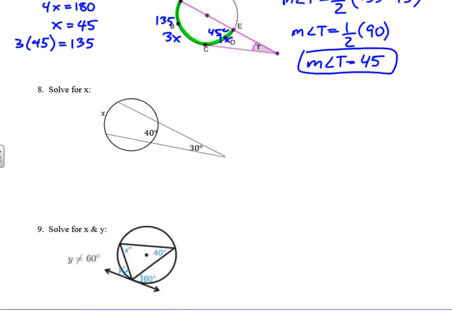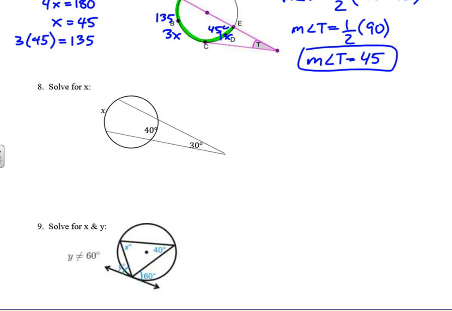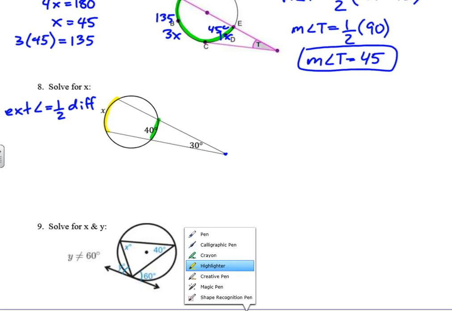Okay, solve for x. Now, again, where's the vertex? So we've got an exterior angle, half the difference. We're going to be subtracting here. The difference of what? The two arcs. What are the two arcs? Well, the larger arc is x, and the smaller arc is 40.